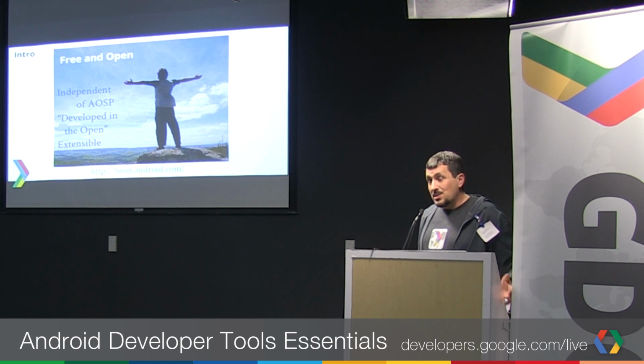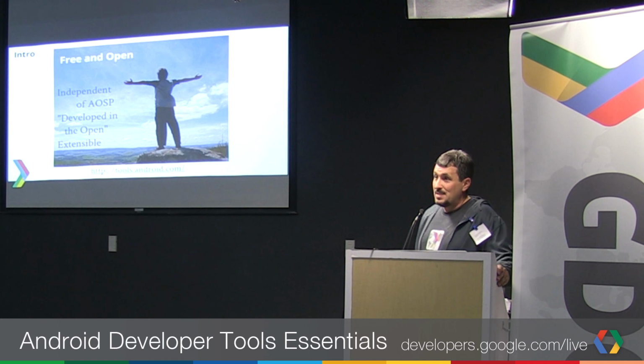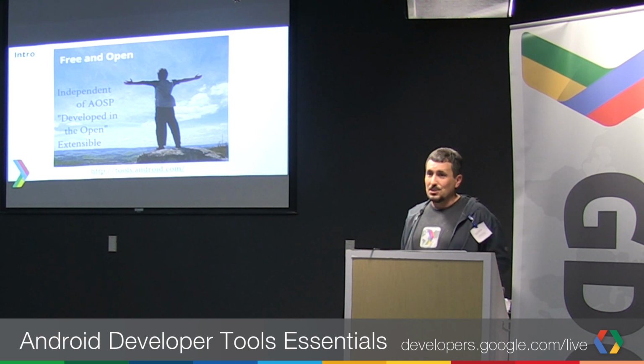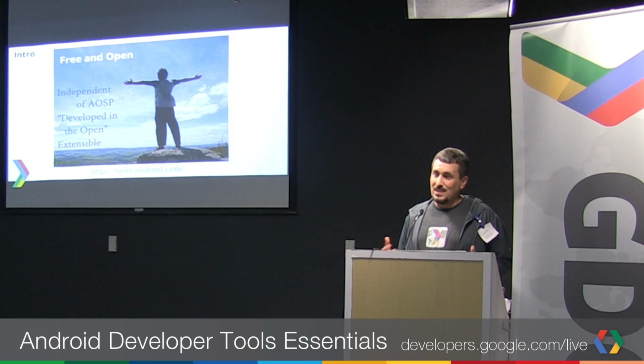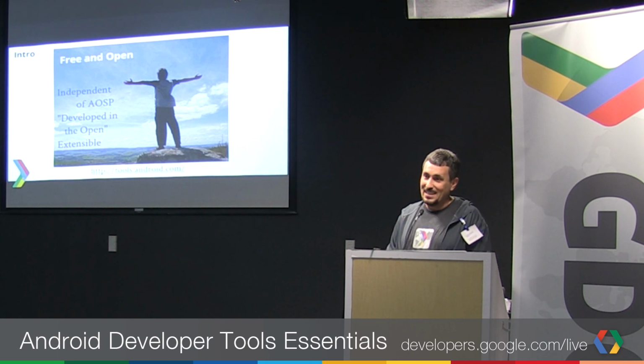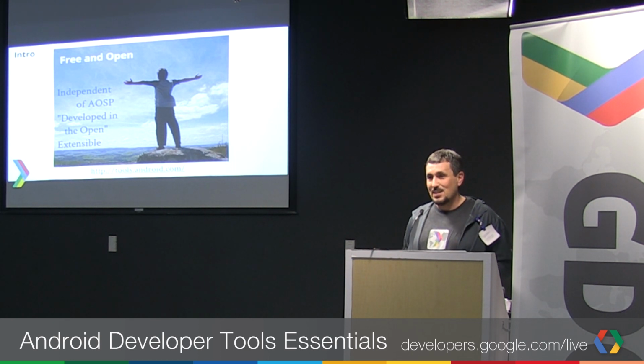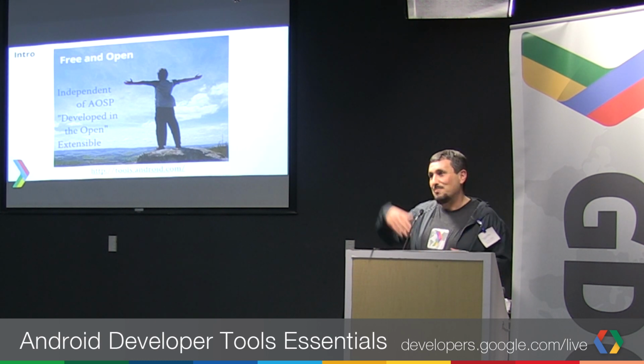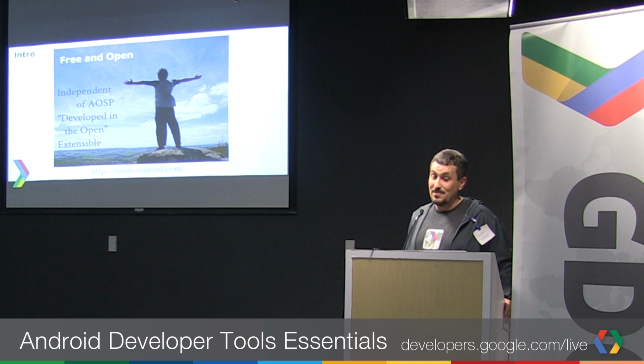The first thing I want to mention about the Android developer tools is that they are free and open source. I don't want to make a political statement about Android, but the Android AOSP is realistically not open source. They don't take submissions, and it's not developed in the open. They give it to the open source community after it's been developed.